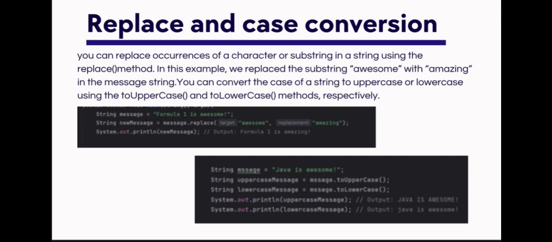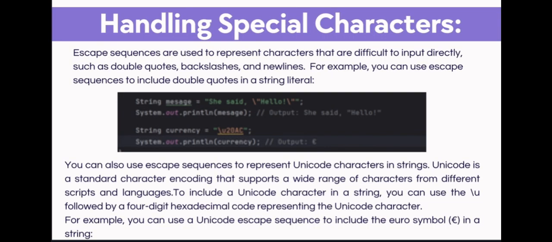And we can handle special characters. Escape sequences are used to represent characters that are difficult to input directly, such as double quotes, backslashes, and new lines. For example, you can use escape sequences to include double quotes in a string literal.